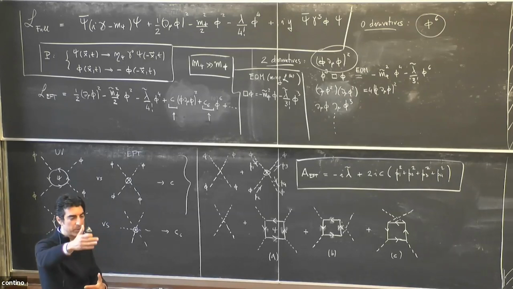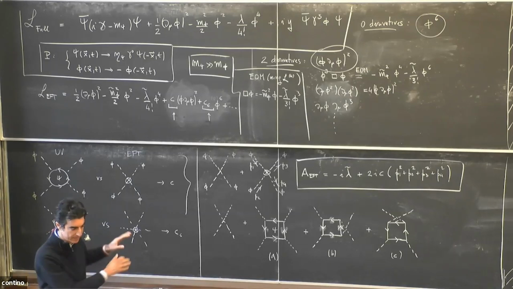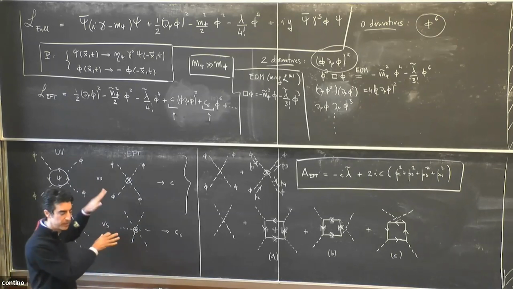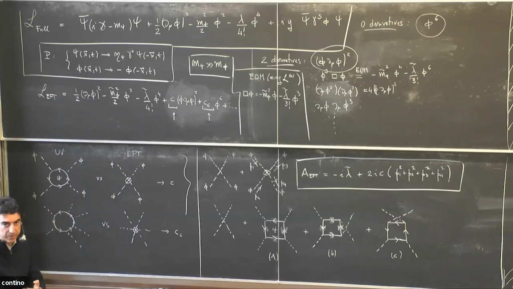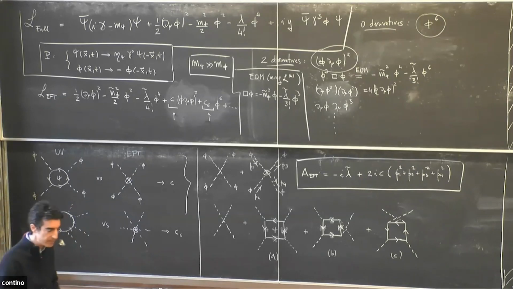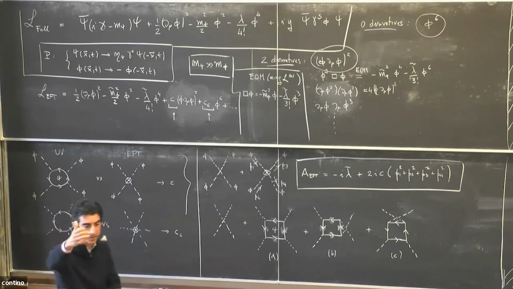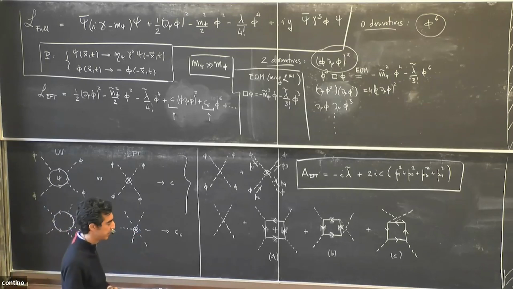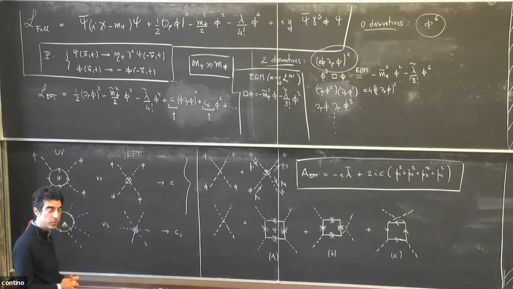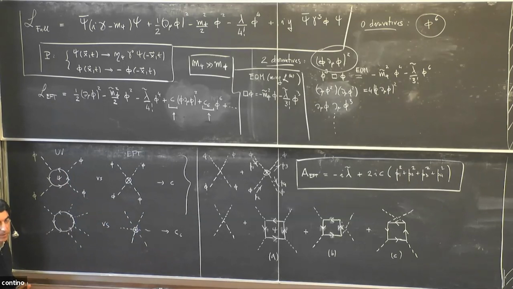If you want to do precise calculations, and the reason why you need effective field theories will be clear later, you integrate out the W and the Z at the electroweak scale. You match the full theory to an effective theory, which is basically a theory with four-fermion interactions, and you use that effective theory to do your calculations. This actually gives you a better theoretical precision, again, for reasons that will be clear later. So in that case, you do know the UV theory, and you need to do the matching. This is a prototype for situations which occur in real life.